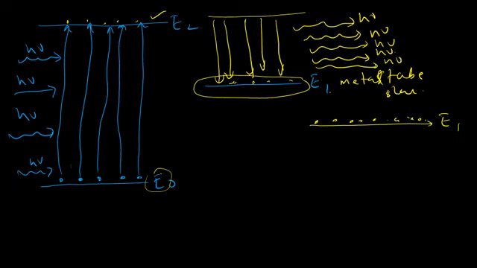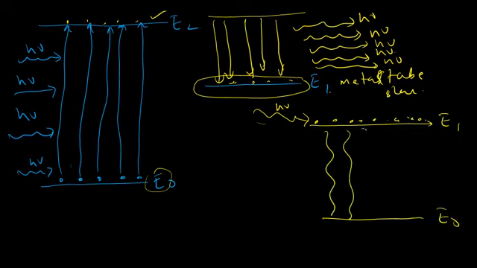So when we get an assembly of atoms and molecules, then we shine a light on this metastable state by some mechanism. As a result there will be induced emission.